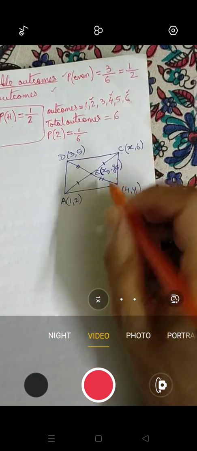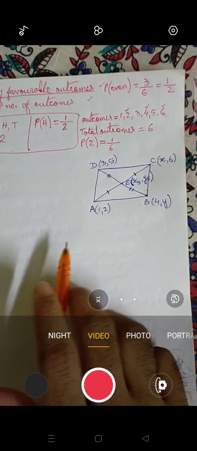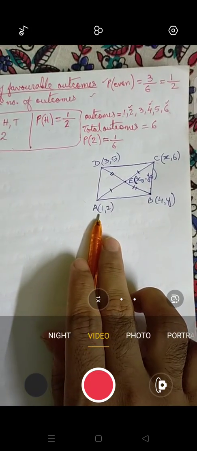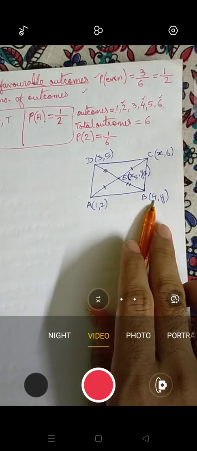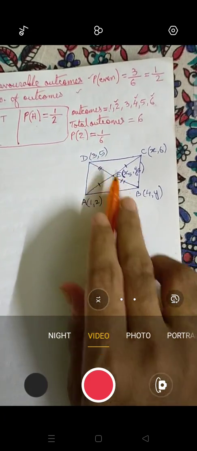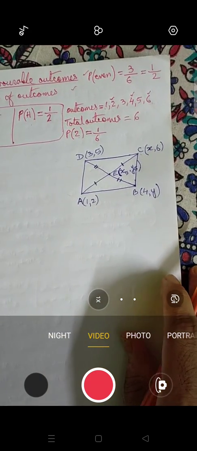This is taken as X5 and Y5. Why have I not taken X1, Y1, X2, Y2? Because there are four coordinates. This will be X1, Y1, X2, Y2, X3, Y3, X4, Y4. So that's why I have taken this as X5, Y5. Okay?